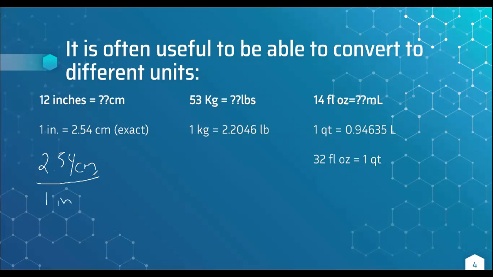Or if we're going from centimeters to inches, we can set this up as 1 inch over 2.54 centimeters. Because they're equivalent, when we set up this fraction, it's essentially like multiplying or dividing by 1. We can do a unit conversion using these conversion factors, and same thing across the board. But I'm going to clear this out and we'll take a look at these one at a time.